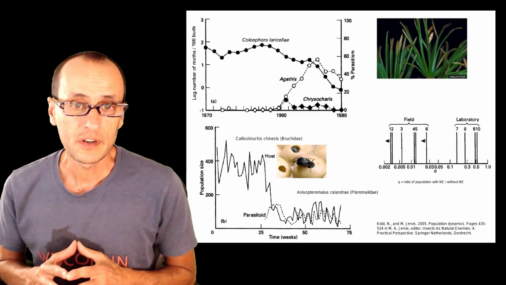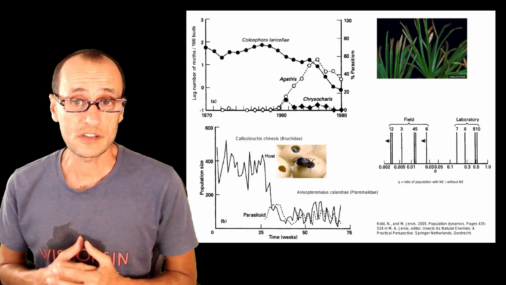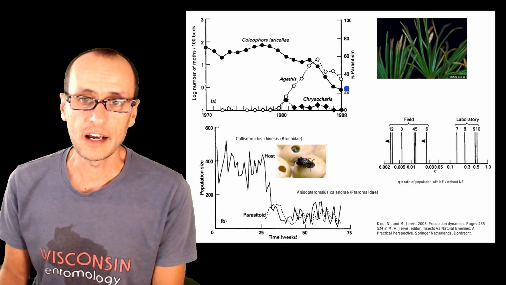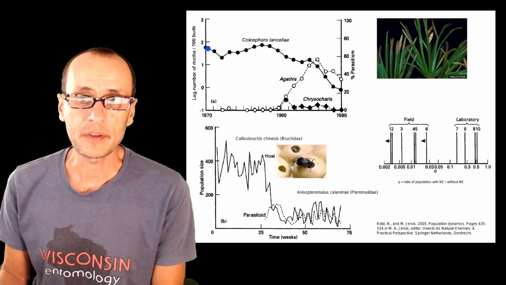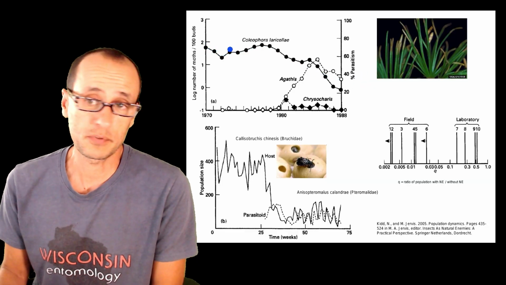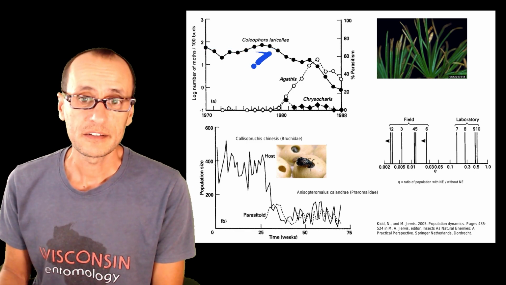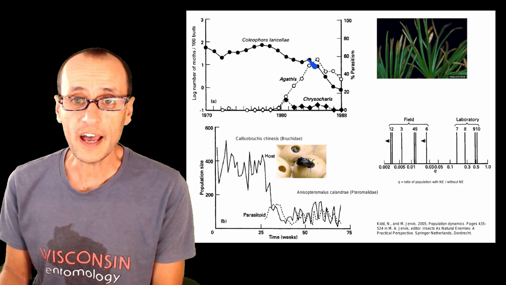Here's an example of the dynamics of populations of insects. Take, for example, the case-bearing moth here in black. The populations of these organisms in this particular study seem pretty stable over time through the 1970s and 1980s, and suddenly there was a decline.